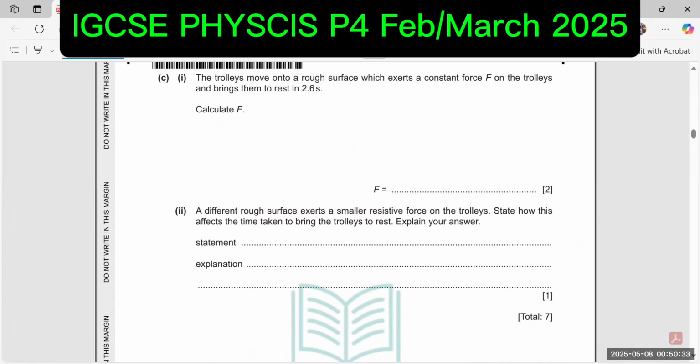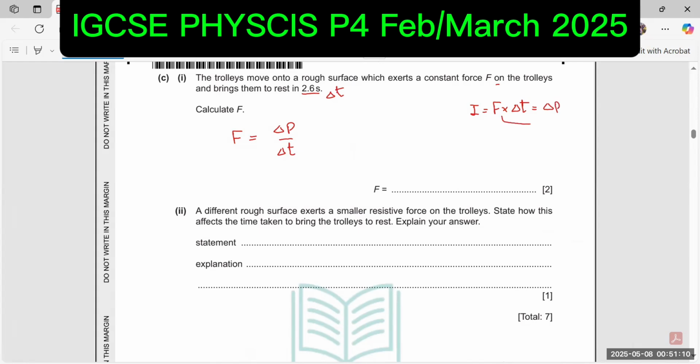Next, the trolley moves onto a rough surface which exerts a force on the trolley and brings it to rest in 2.6 seconds. So this is the time, and we need to find the force. We know that impulse is equal to change in momentum, so force is equal to the rate of change of momentum. How do we calculate this? Impulse is equal to the force acting on an object for a very short time, and that is equal to change in momentum.